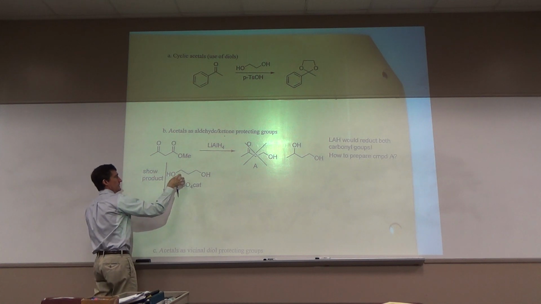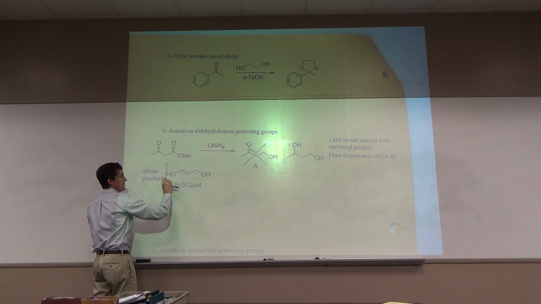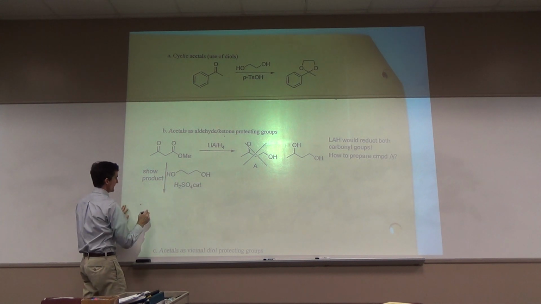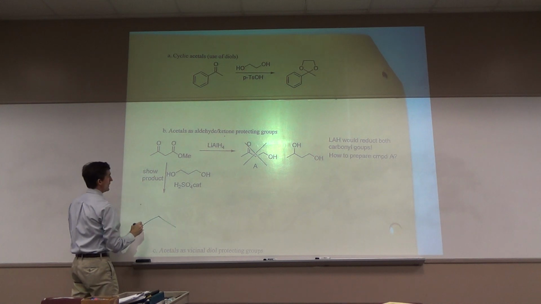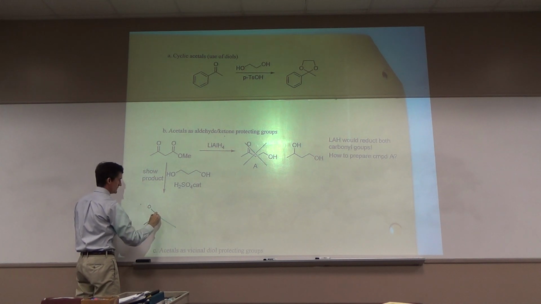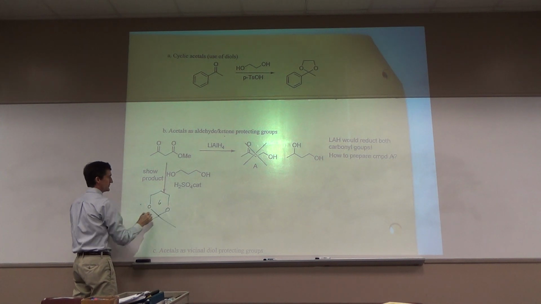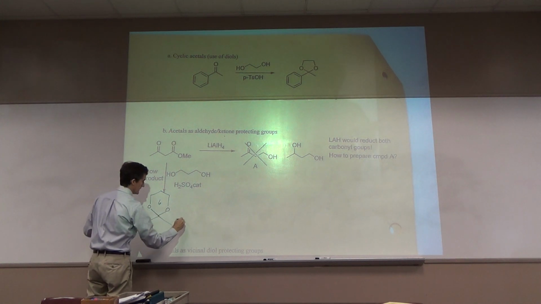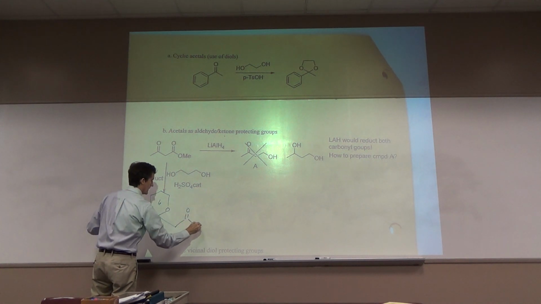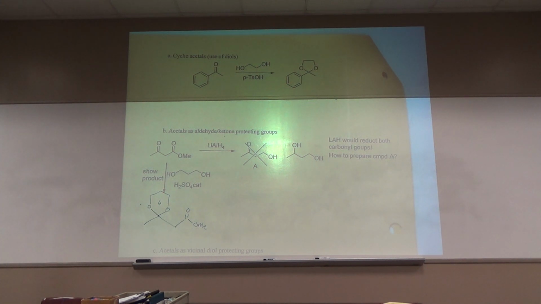But we can protect this over here by making an acetal. We got this diol, we got an acid catalyst, and this is going to give the acetal. It'd be a 6-membered ring because we've got 3 carbons. Yeah? We can make the acetal.